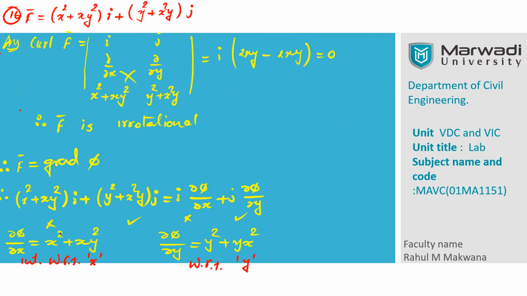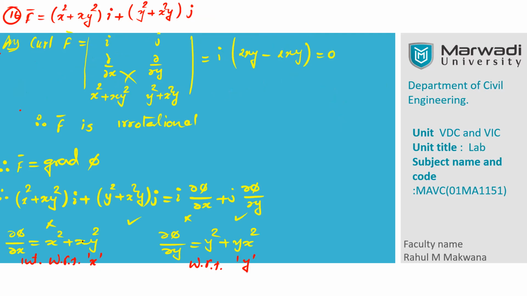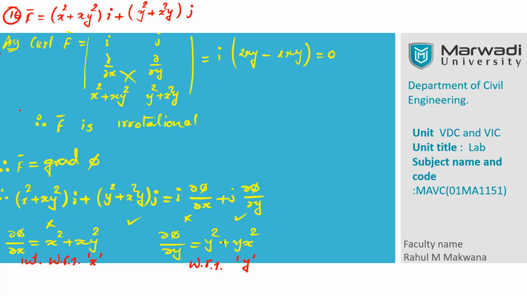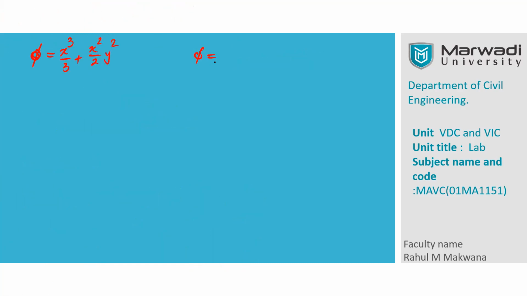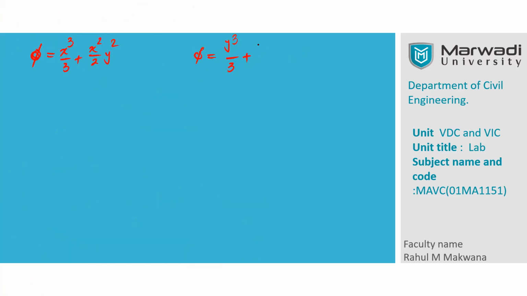Integration with respect to x, x cube by 3 plus x square by 2 y square, with respect to y, y cube by 3 plus this is y square x square by 2, constant 1, constant 2.